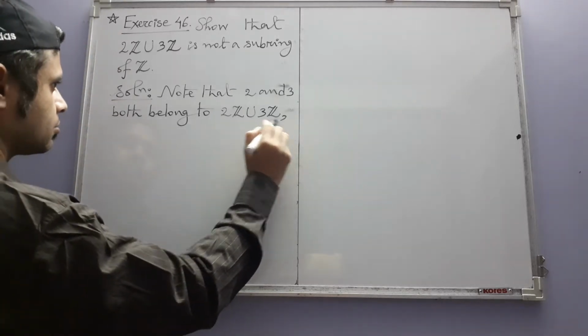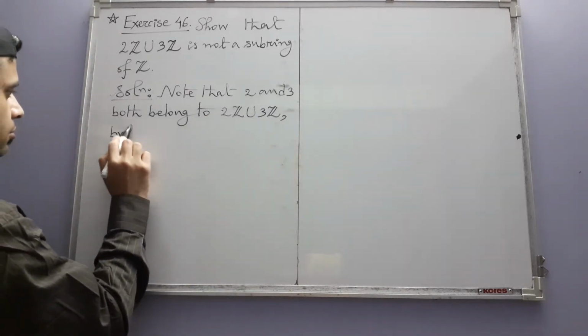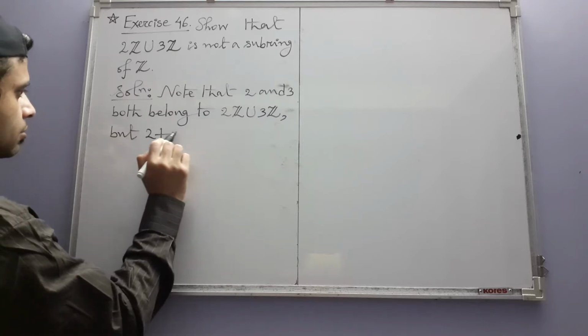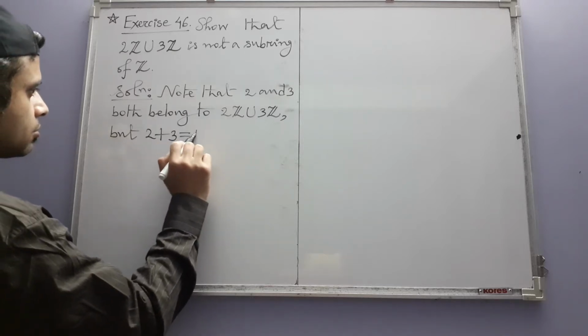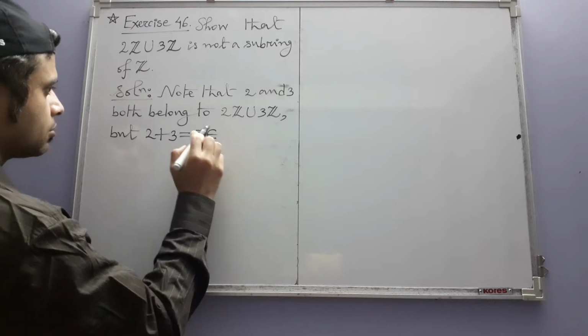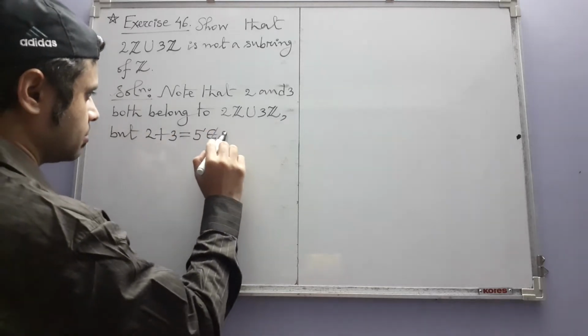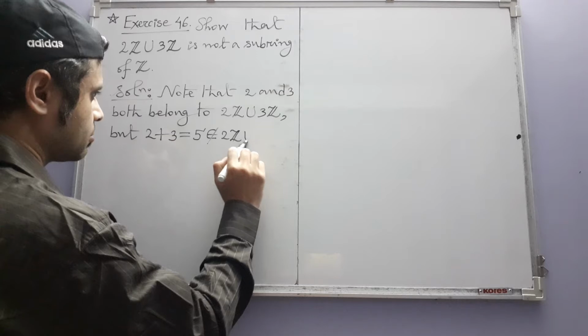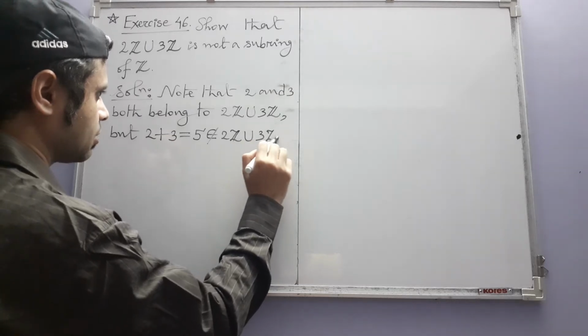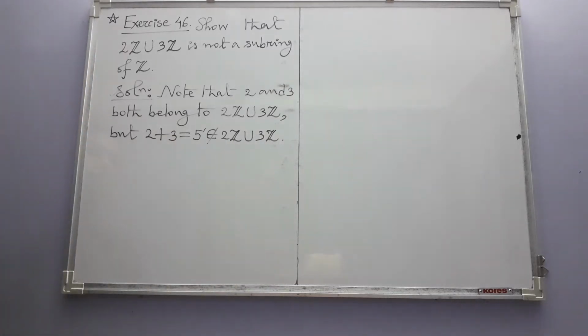But their sum does not belong to the union. The sum 5 is neither even nor a multiple of 3.